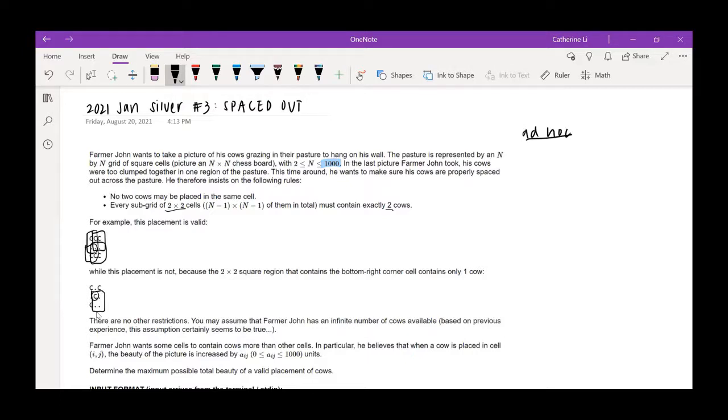I think these types of problems usually appear more in bronze than silver, because silver is about different algorithms. But as you can see, it did show up. So that's why I'm doing this problem.